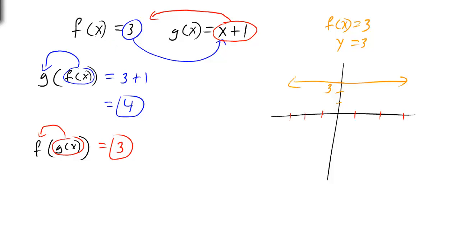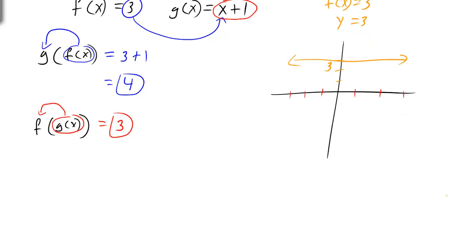So f of x equals 3, remember, this is called a constant function, and it's called a constant function because it's always constantly equal to 3. So keep that in mind. If you are trying to plug into that function, you realize there's no x, but that's because x can be anything. Your y value is always going to be equal to 3.